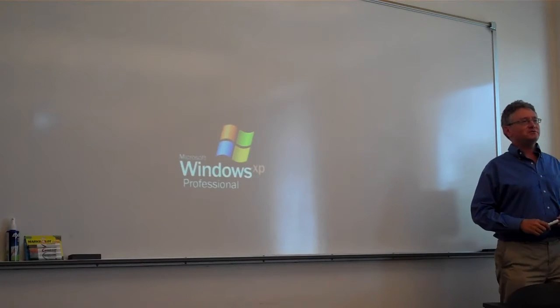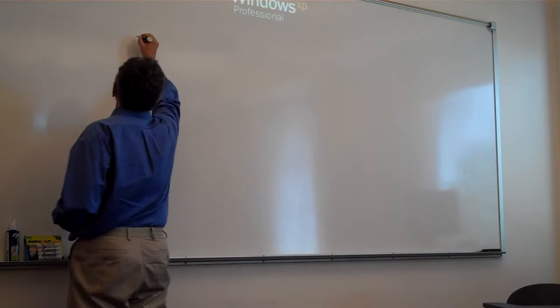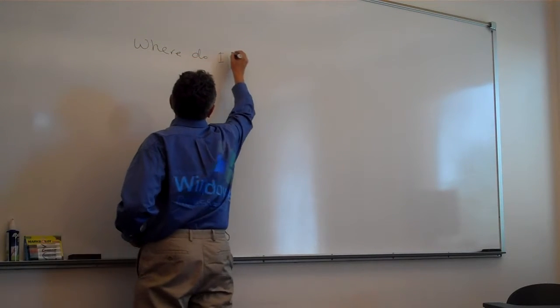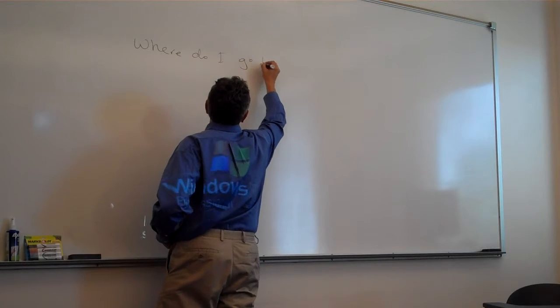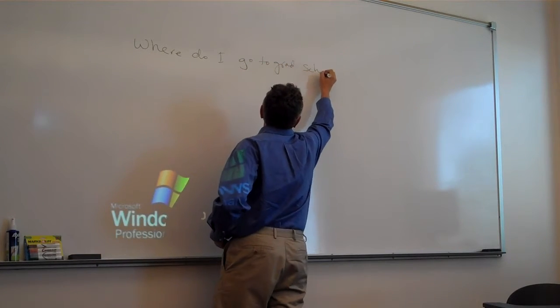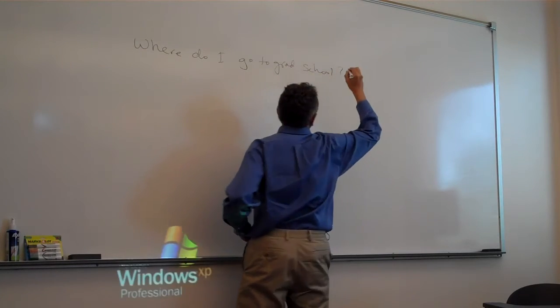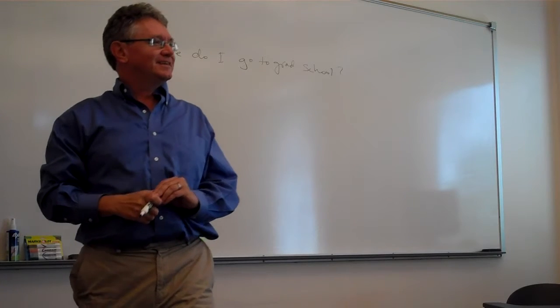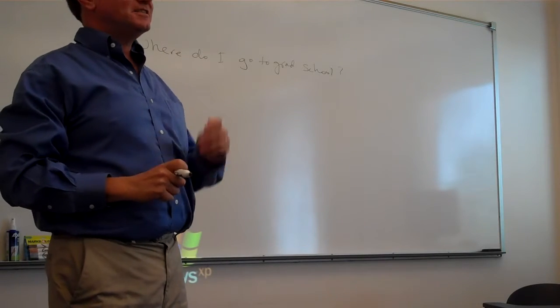A decision that you all have made in the recent past is where to go to graduate school. So what were some of the criteria that you thought about as you were making that decision?